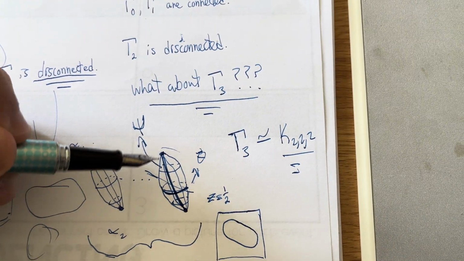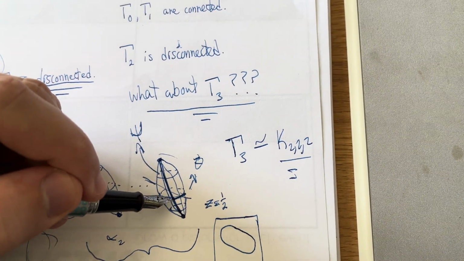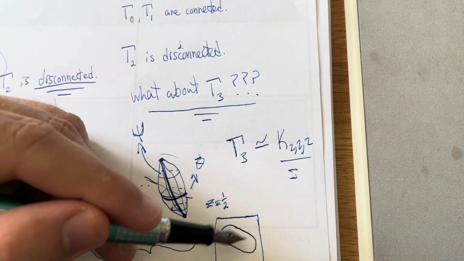It's just sitting in abstract space. But if we do embed it, then we'll get an ellipse.